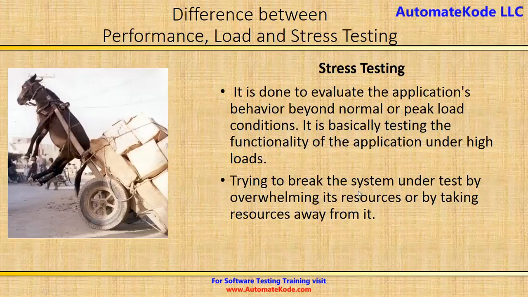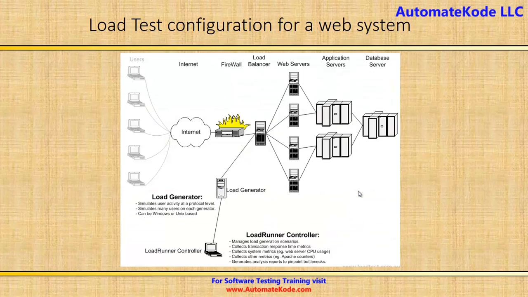So we were on this slide, load testing configuration for web application. Now, can you see this diagram clearly? In the real world, there are, say, 5 users in this set. They are connected to the internet by Wi-Fi or cable.